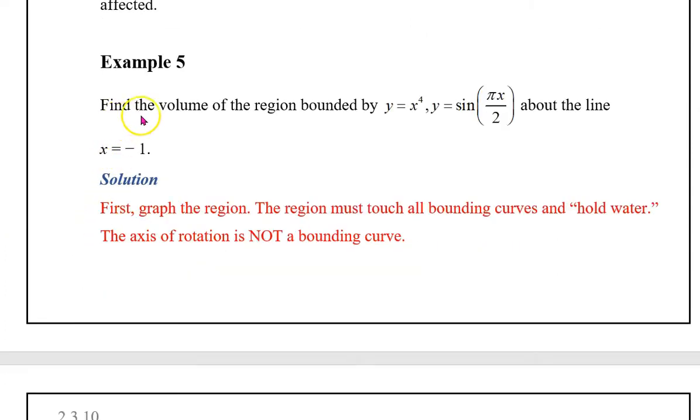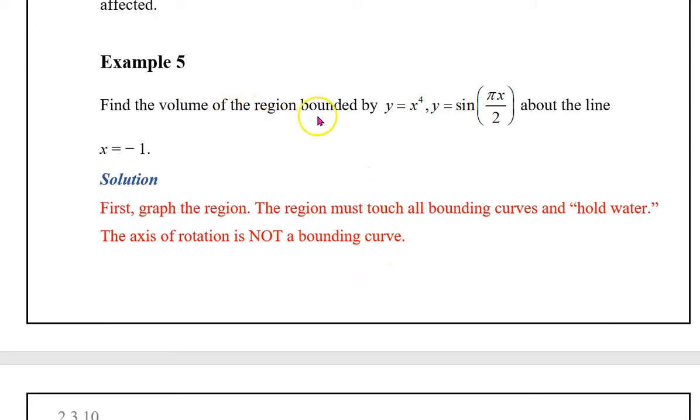In example 5, we find the volume of the region bounded by the curve y equals x to the fourth and y equals the sine of pi x divided by 2, revolved about the line x equals -1. First, graph the region. The region must touch all the bounding curves, in a sense, holding water. The axis of rotation is not considered a bounding curve.